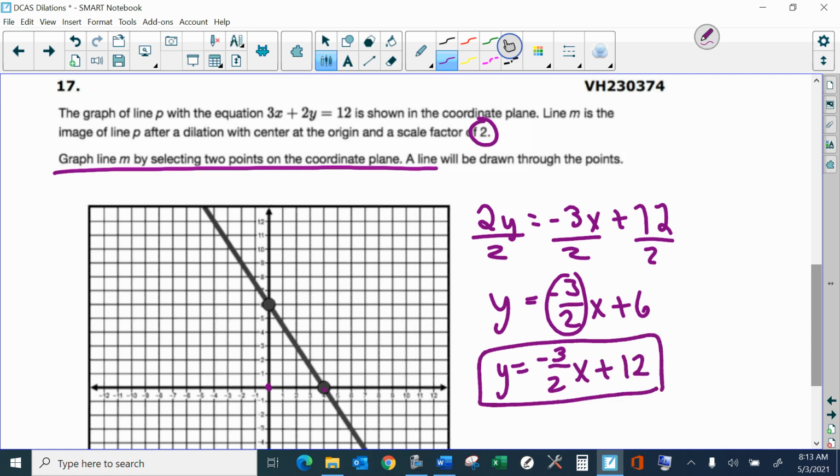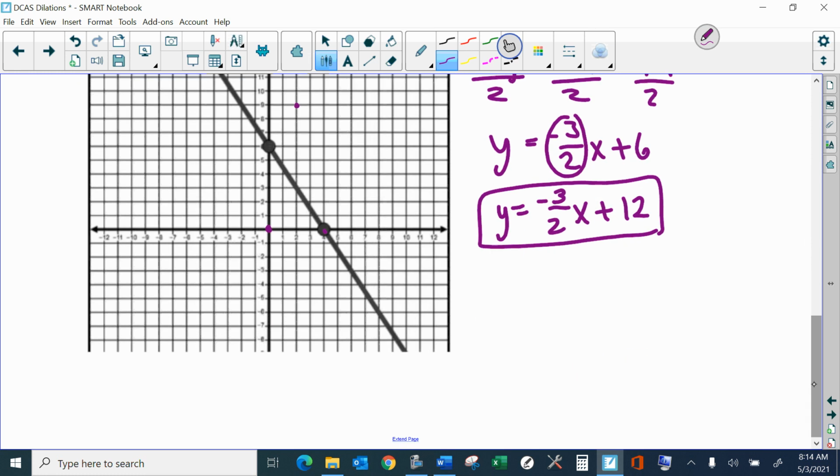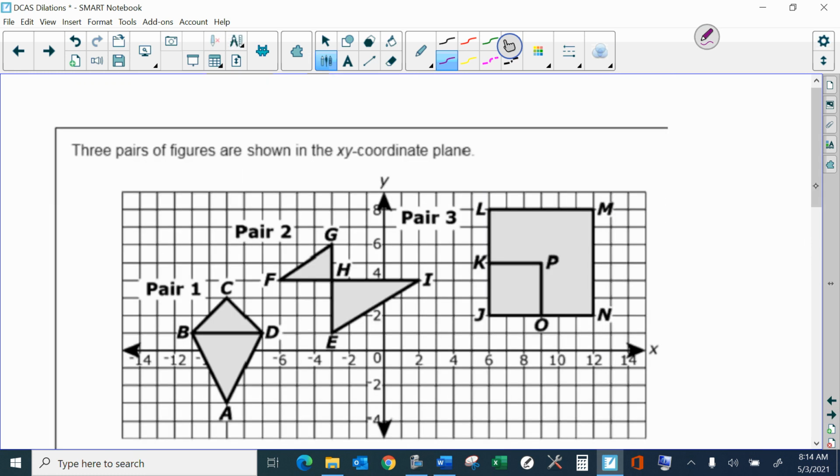The y-intercept is the one that changes. So I have -3/2 x plus 12. So it says pick 2 points. So we're going to pick 0, 12, and then we're going to go down 3, right 2. 1, 2, 3, right 2. There's my second point. Pick those 2 points, and then I'll draw the line for you. Got to solve for y first.